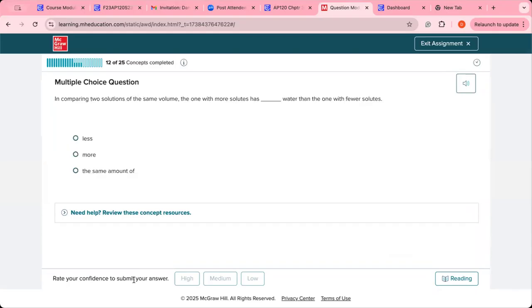In comparing two solutions with the same volume, the one with more solutes has blank water than the one with fewer solutes. Not sure we've read this yet.